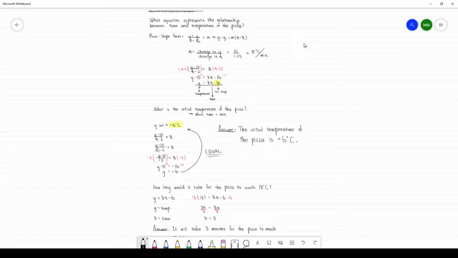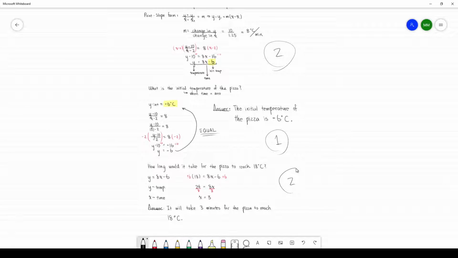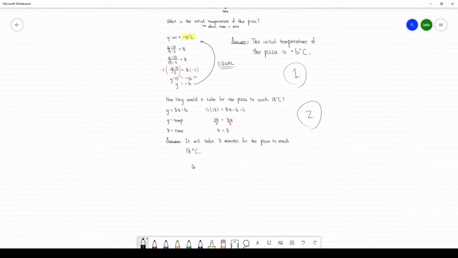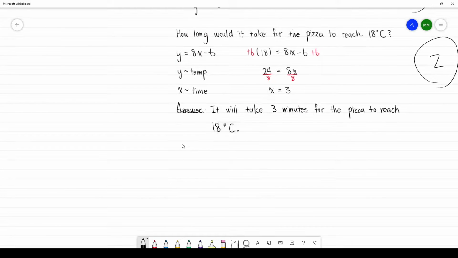Usually this question is out of 2, maybe sometimes 3. This one is out of 1. And this one usually out of 2. And then there will be another one where it's like, what will the temperature be at 5 minutes?